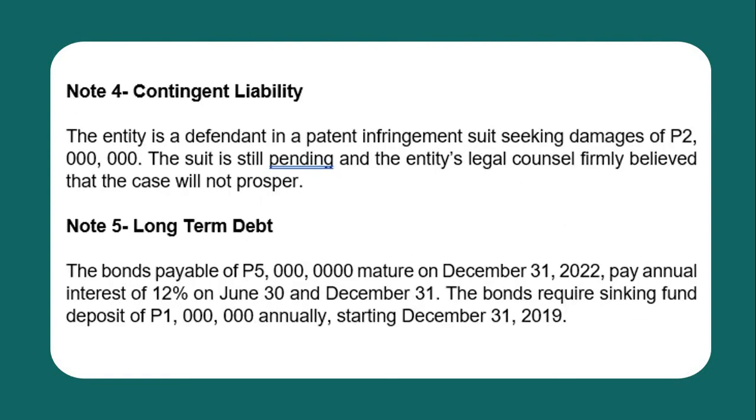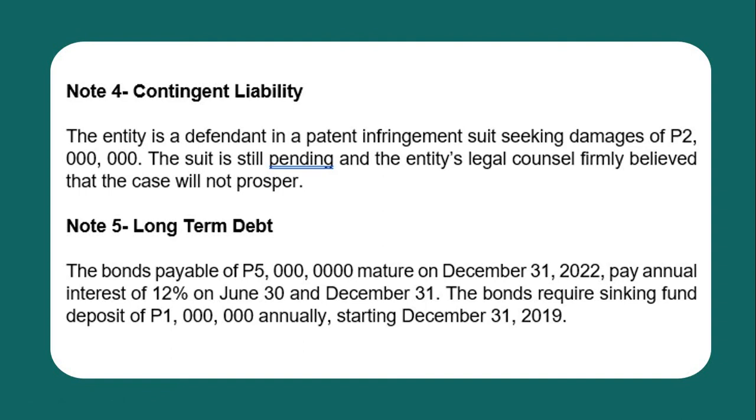Next, note 5, long-term debt. Now, again, one of our purposes in the notes to financial statements is cross-referencing. These note numbers will also signify which note it is in the notes to financial statements. We can see these note numbers on the face of the financial statements.